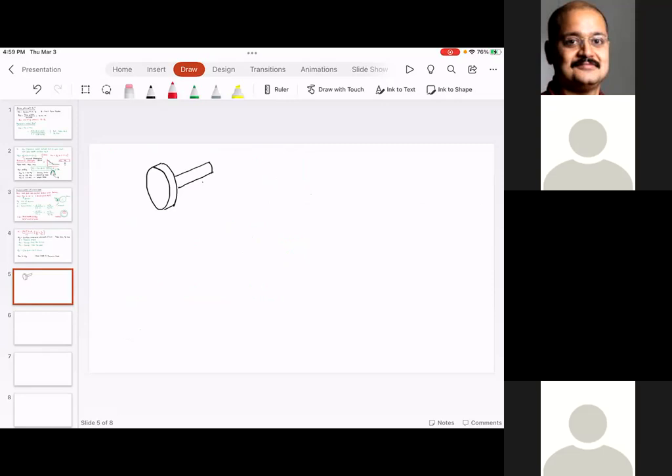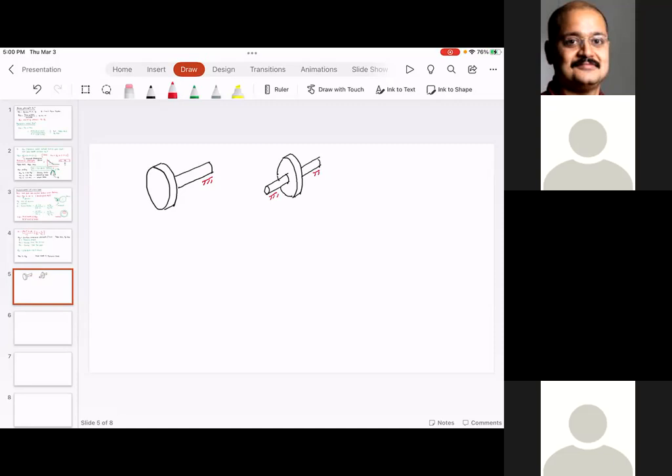So this could be a cantilevered shaft, or this could be a simply supported shaft. So for example, you can have it like this, and you could have bearings here and here. Depending upon how the gear is supported, the shaft design is going to change.